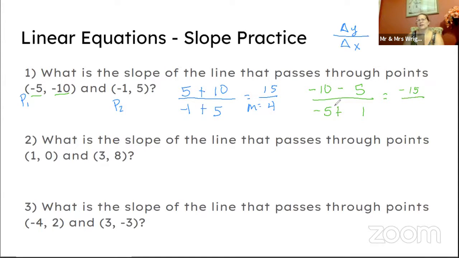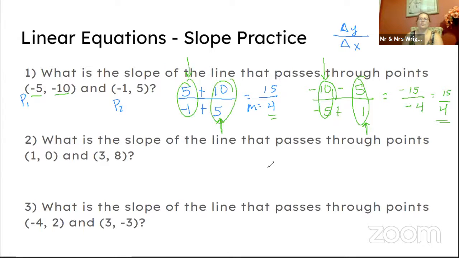Let's see how this plays out. -5 plus 1, well, that's a -4. Two negatives make a positive. 15/4. So I ended up getting the same answer no matter which point I put as point 2 and which one I put as point 1. If you notice, it did not matter which one was first and last, as long as the numbers lined up. I had 5 and -1 both times, and I had -10 and -5 both times.